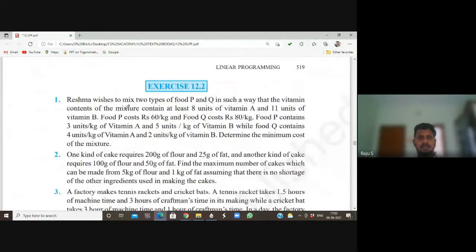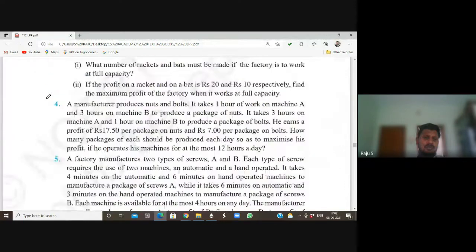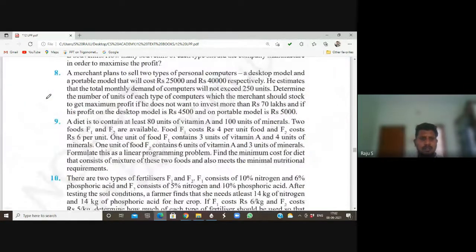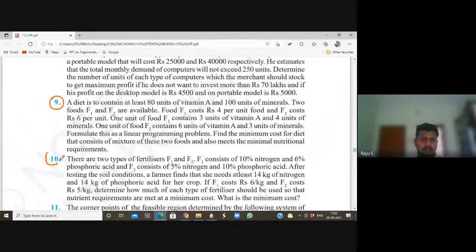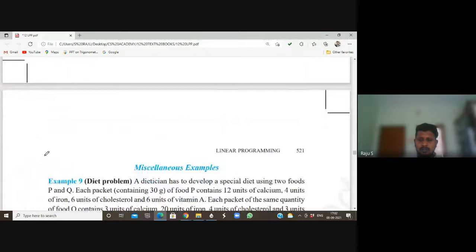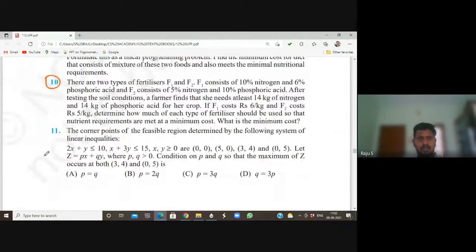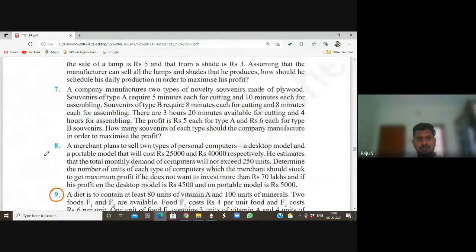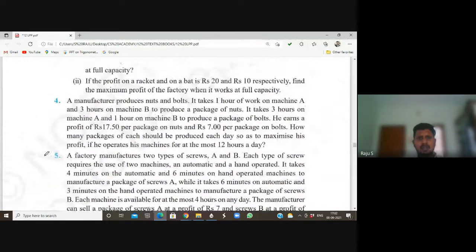Okay, coming to here, I'm going to tell you about question numbers 1, 9, 10. Okay, 1, 9, 10. These are the unbounded questions. The rest are all bounded.